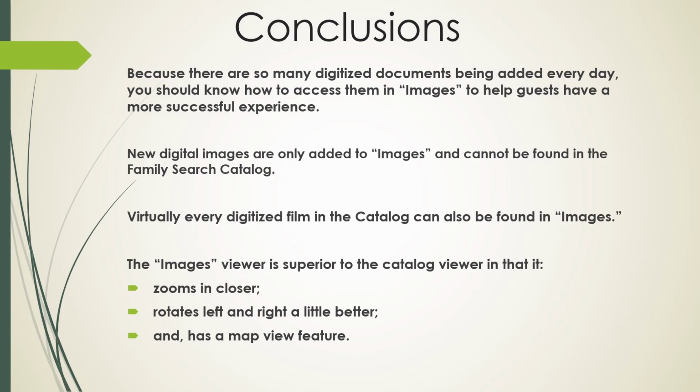Virtually every digitized film in the catalog can also be found in Images. The Images viewer is superior to the Catalog viewer in that it zooms in closer, rotates left and right a little better, and has a map view feature. So I invite you to get to know the Images feature of FamilySearch and to see how it can improve your research.